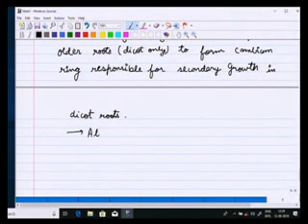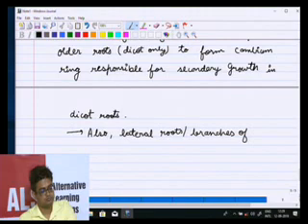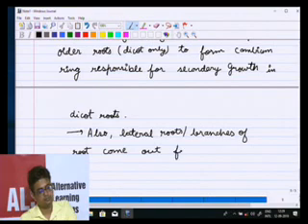Also, lateral roots or branches of primary root, lateral roots or branches of root come out from pericycle.